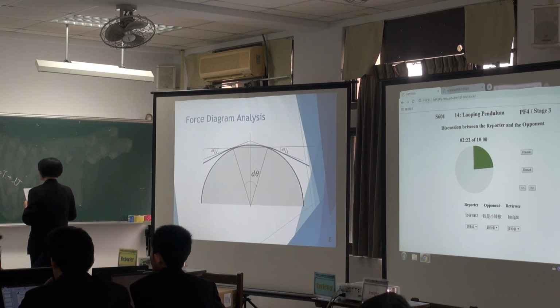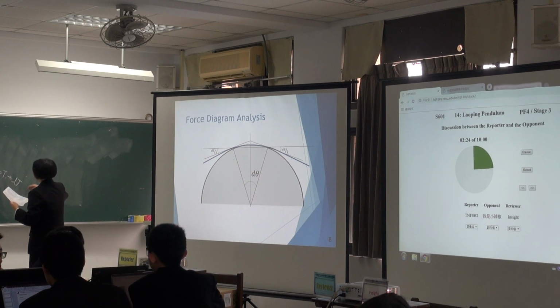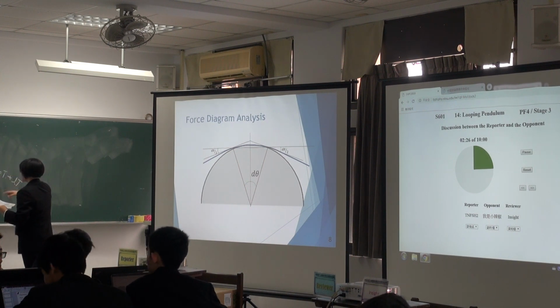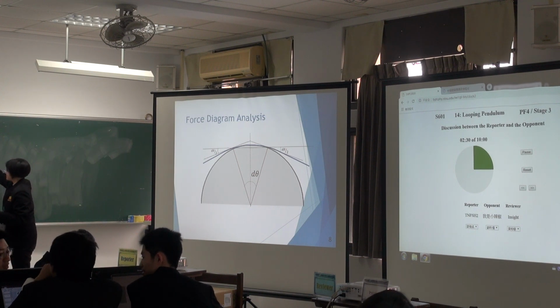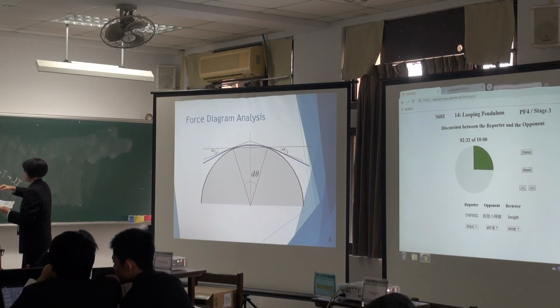Don't you think the string mass will add additional pressure to the rod, and maybe we'll have a larger normal force?